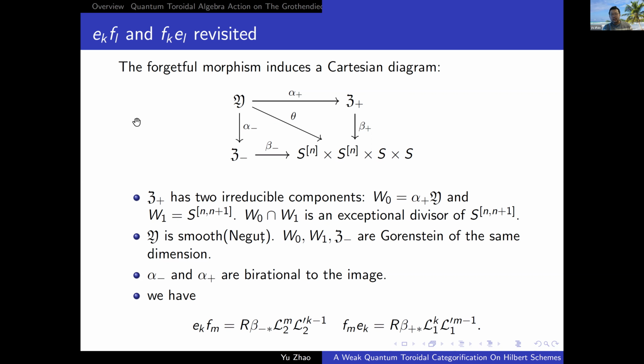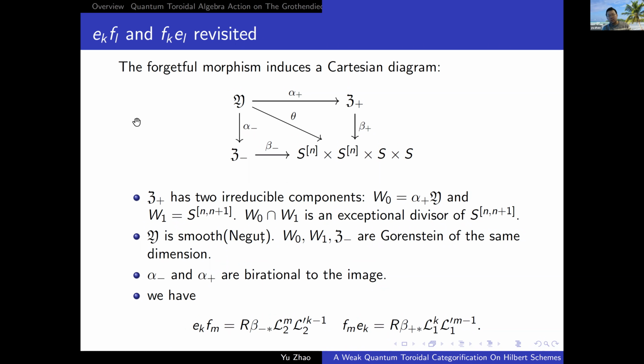Now we want to understand the geometric properties of W0, W1, Z minus and Y. Andrew proved that Y is smooth, and we know that W0, W1, Z minus are Gorenstein of the same dimension, and it is the expected dimension. Moreover, we know that alpha minus and alpha plus are birational to their images.